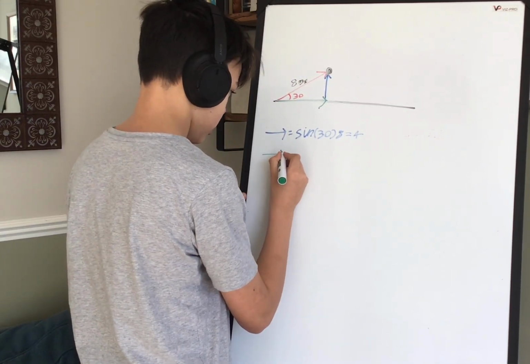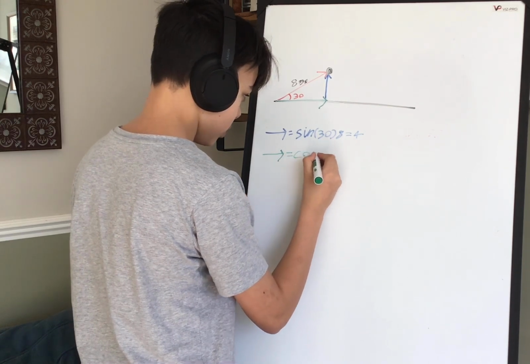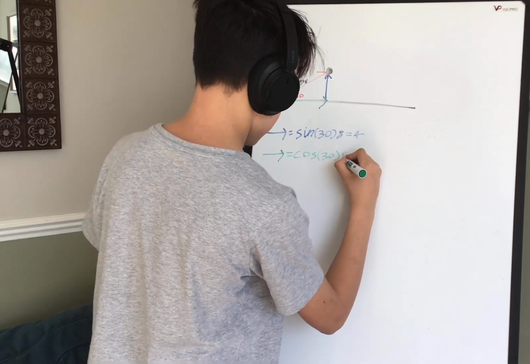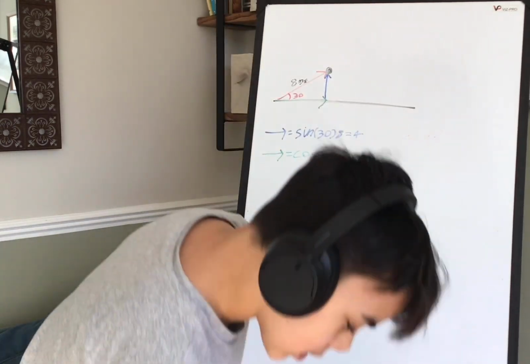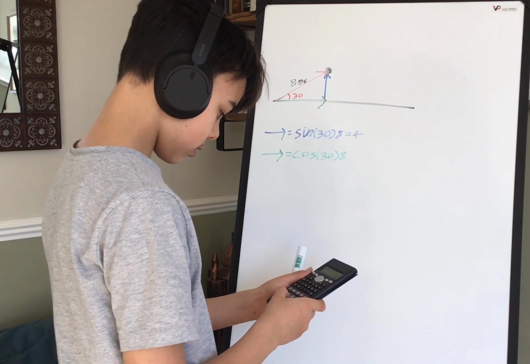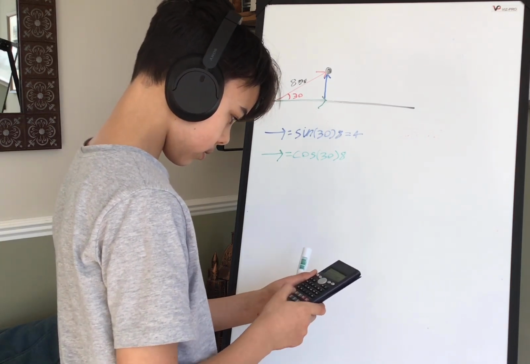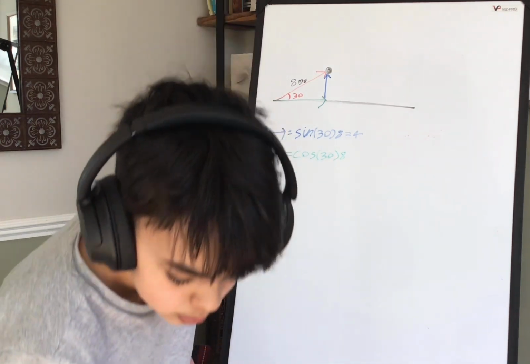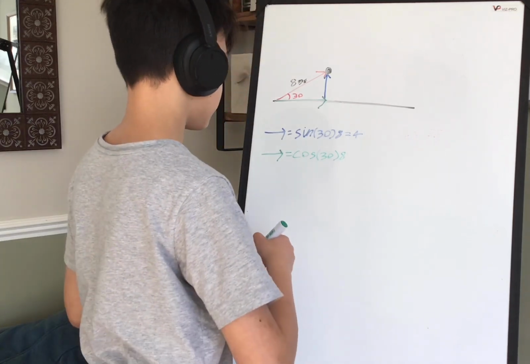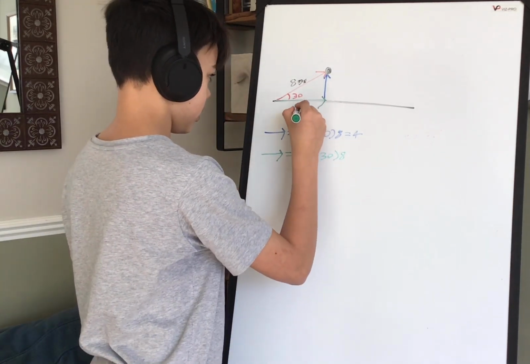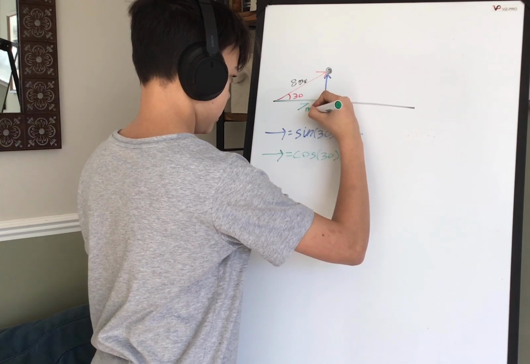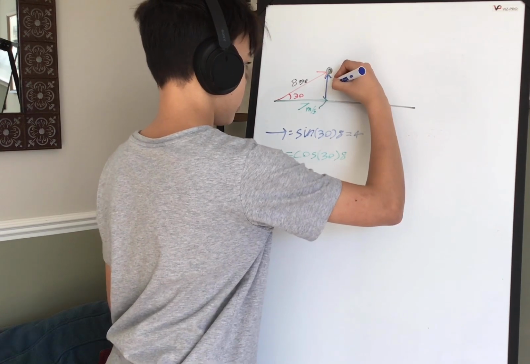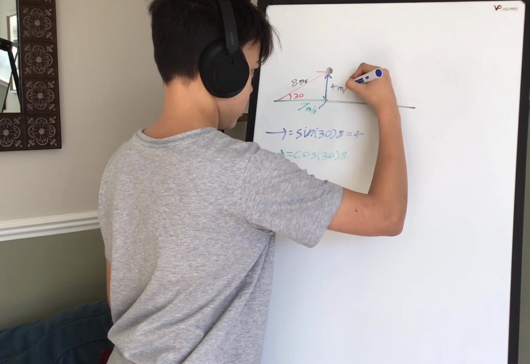And the x component will equal cosine of 30 times 8, which, let's just check that, equals 7, basically. We'll round it to 7. So let's put those in. This is 7 meters per second, and this is 4 meters per second.